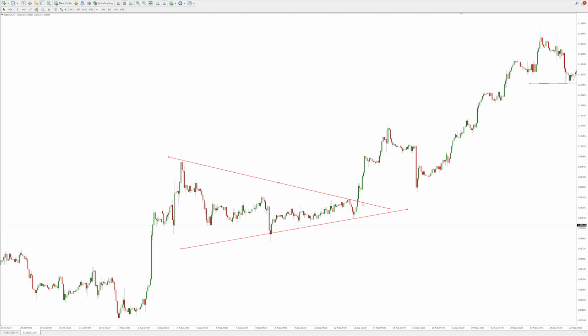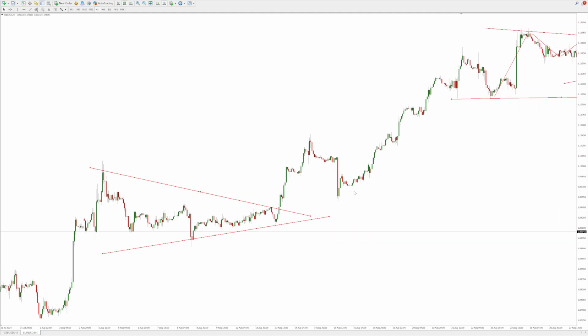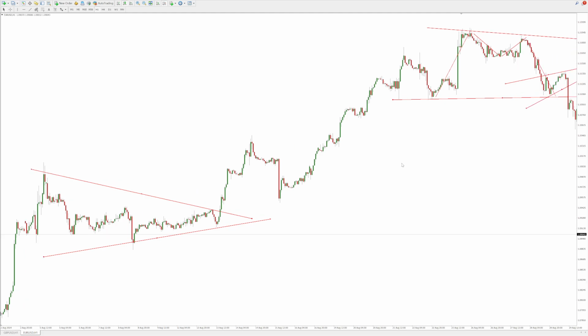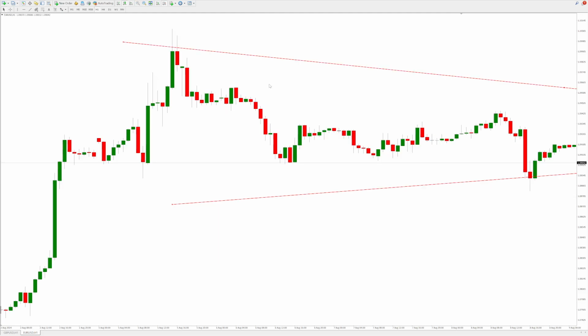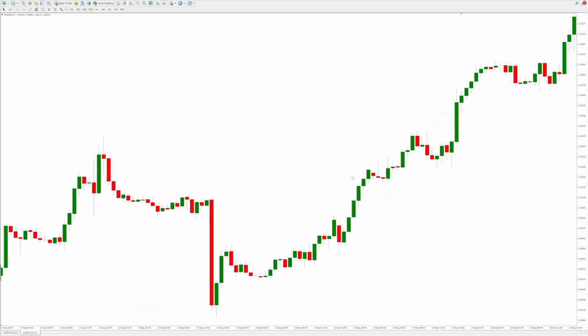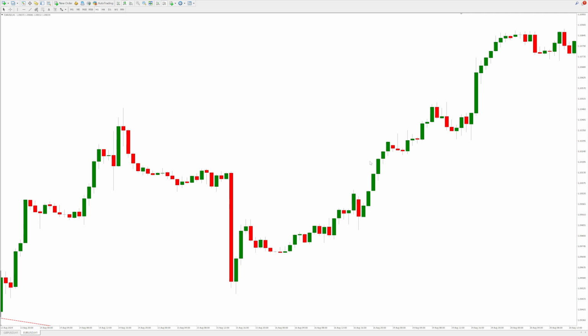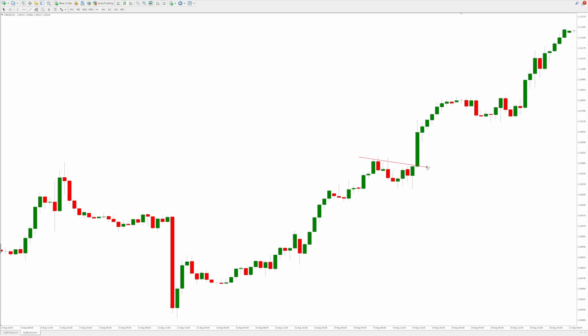Okay, so you can see just the wedge pattern there can give really good, strong signals. I'm trading from a distance there, but you could also zoom in, and some traders will even do small wedge patterns like this one here.